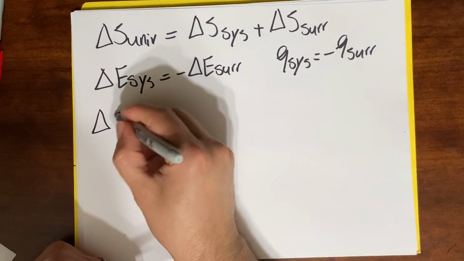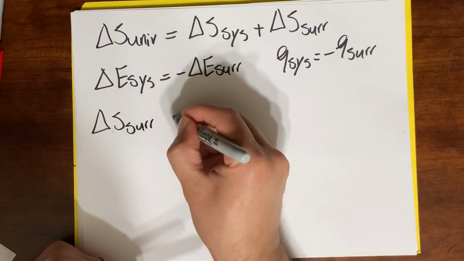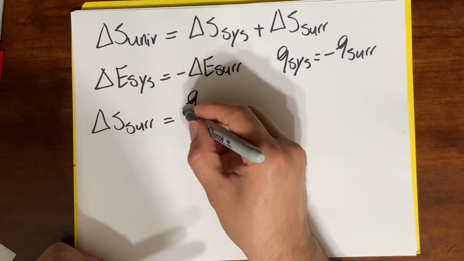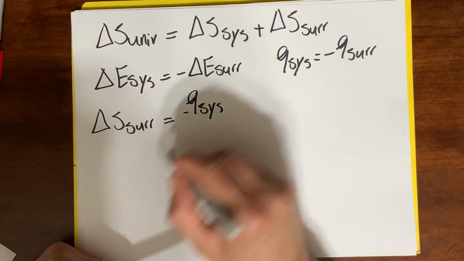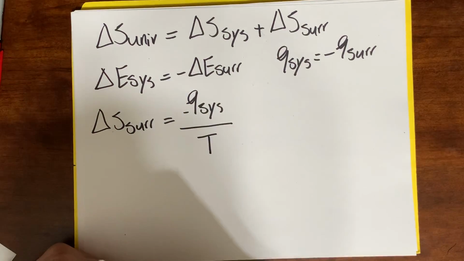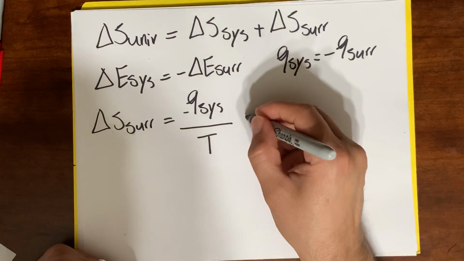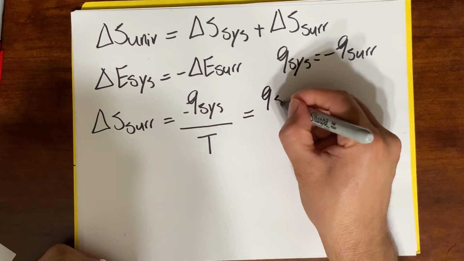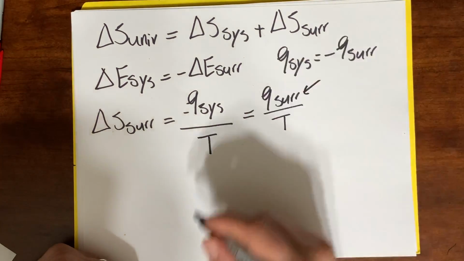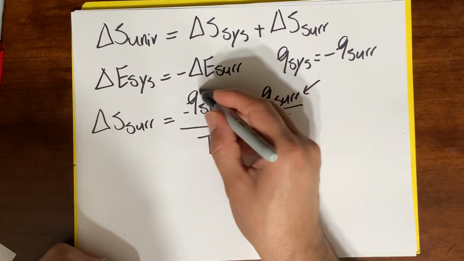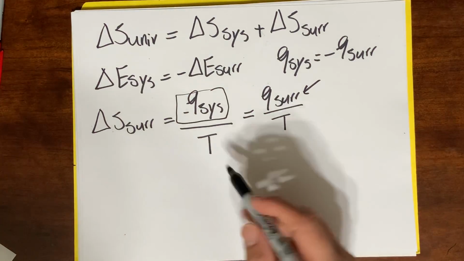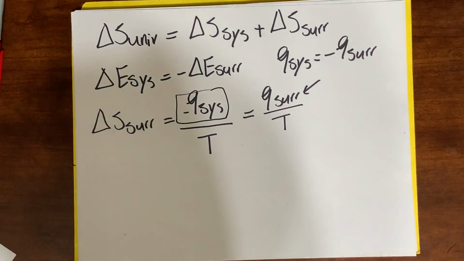Change in entropy of outside, we can get through this: minus Q of the system divided by T. Or you can say Q of the surrounding divided by T. We don't have this part, but we know it's going to be equal to minus Q of the system.